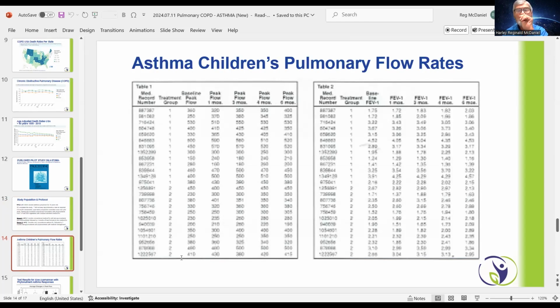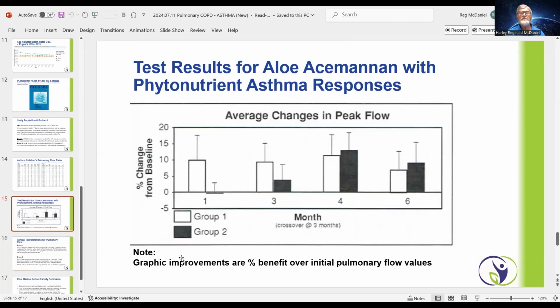And what it shows here is that by adding the improved nutrition, the ability to exchange air without obstruction, the flow of air in and out of the lungs, was improved.